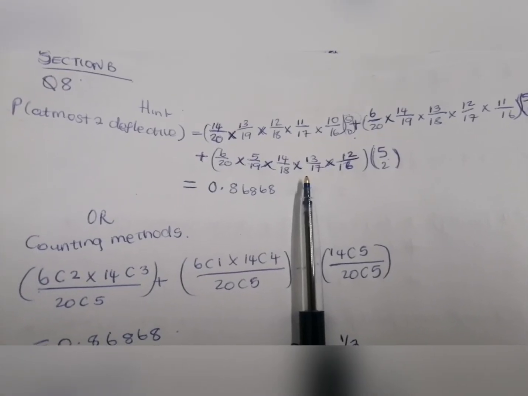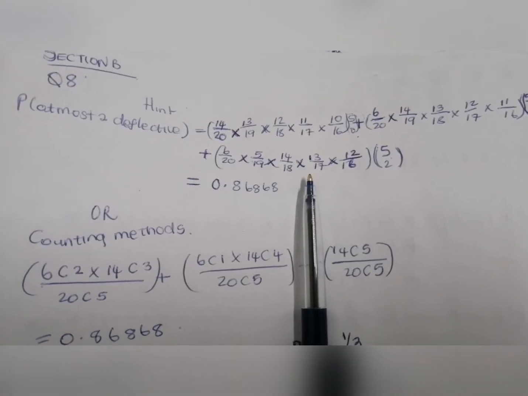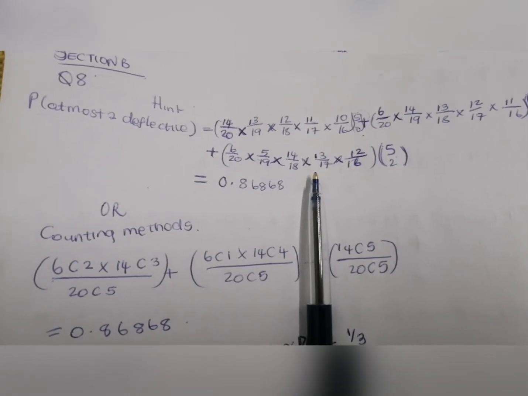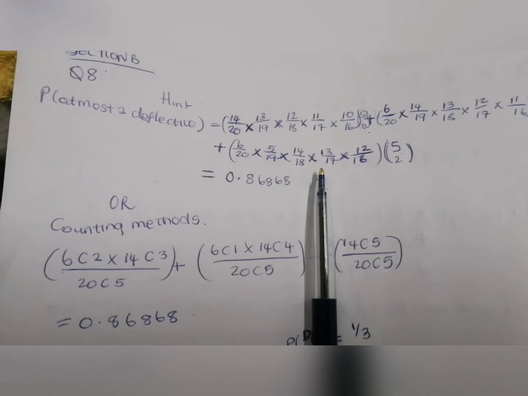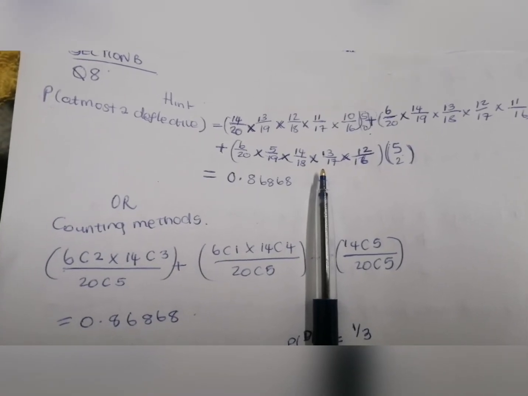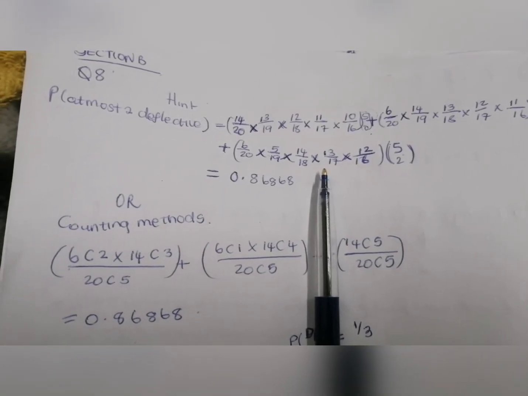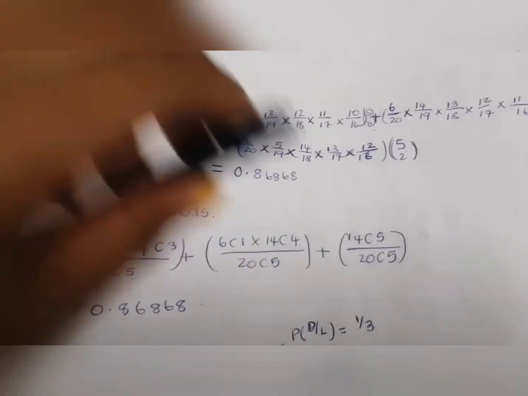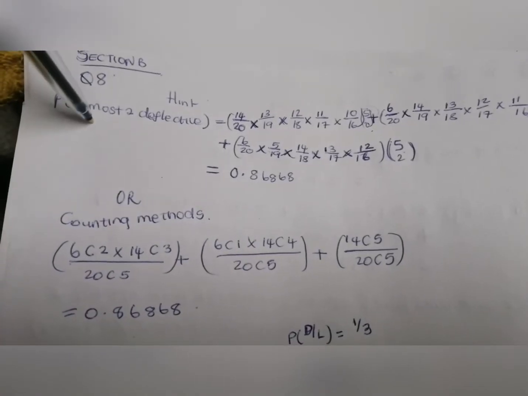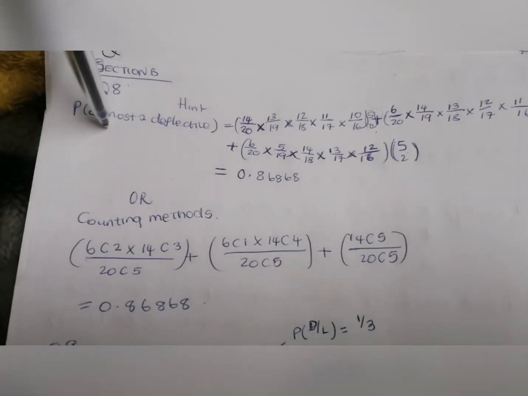I used two methods to solve this question. First, I used the multiplication theorem, and the second time I was just using basic counting principles. So here we were using the multiplication theorem.